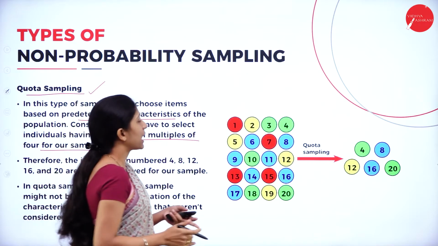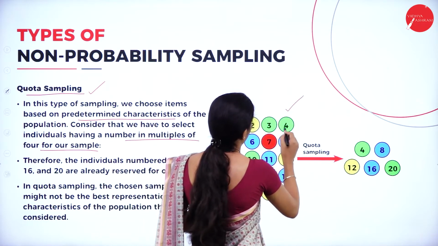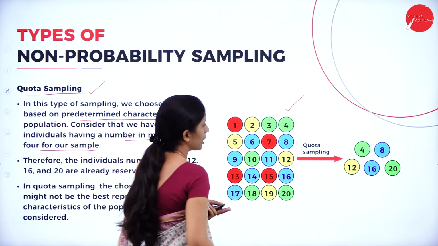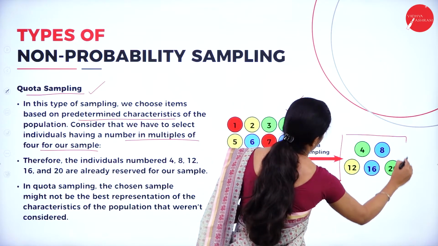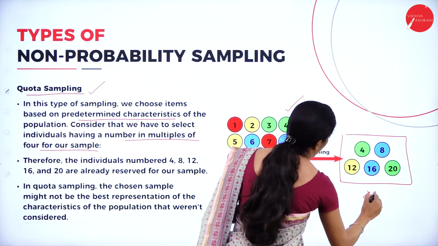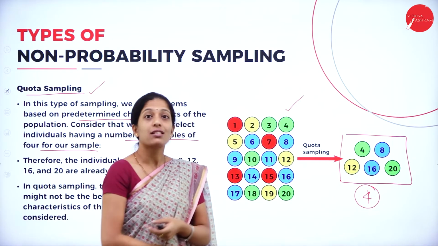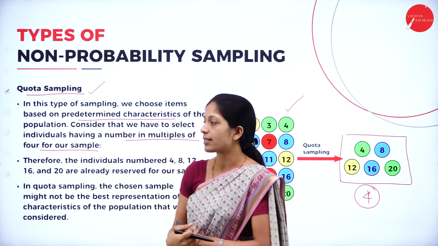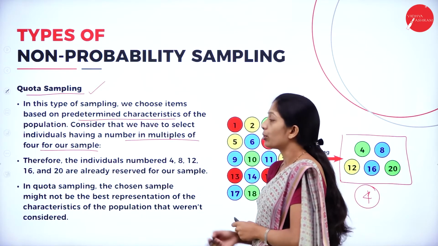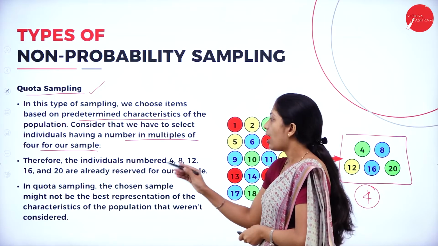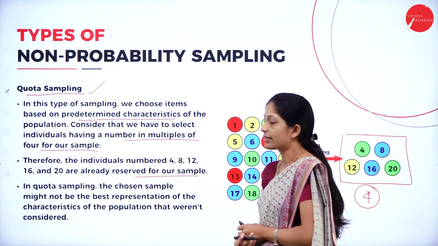Here we have taken the multiples of 4, that is 4, 8, 12, 16 and 20. This is a predetermined characteristic because it is a multiple of 4, correct? This is known as quota sampling. Therefore, the individuals numbered 4, 8, 12, 16 and 20 are already reserved for the sample.